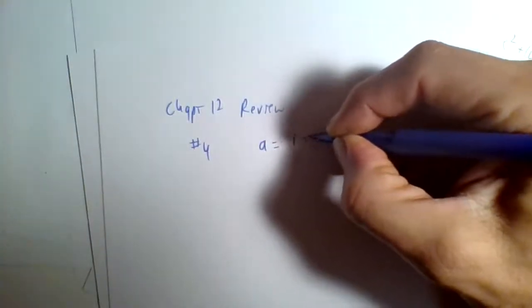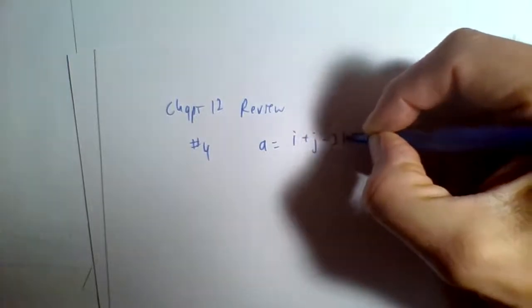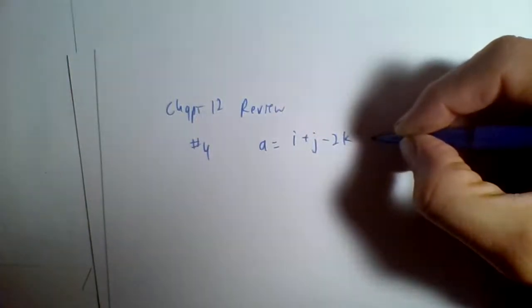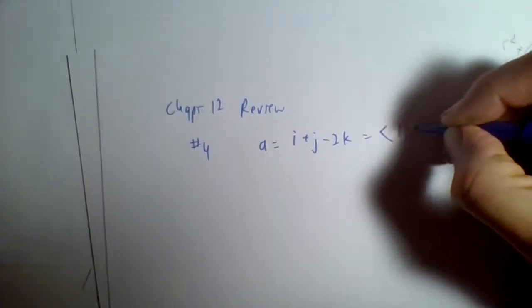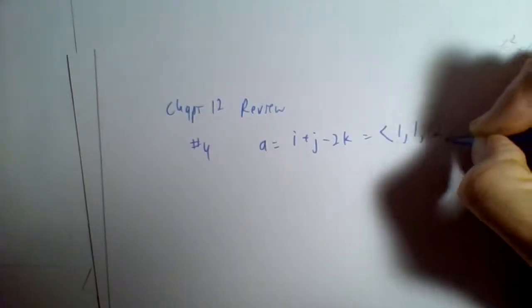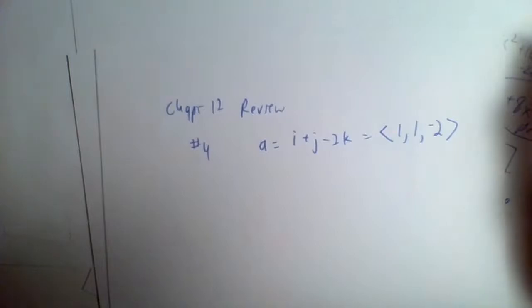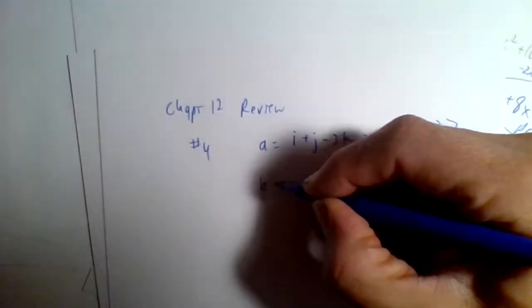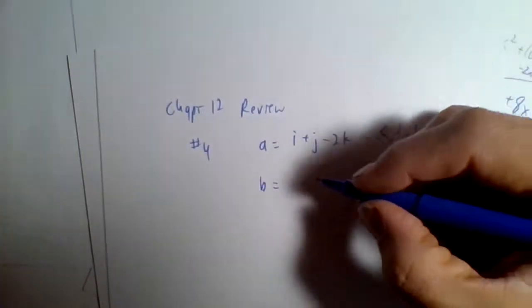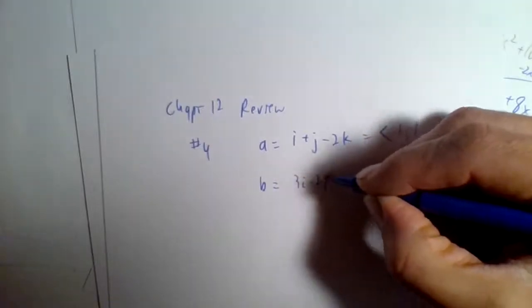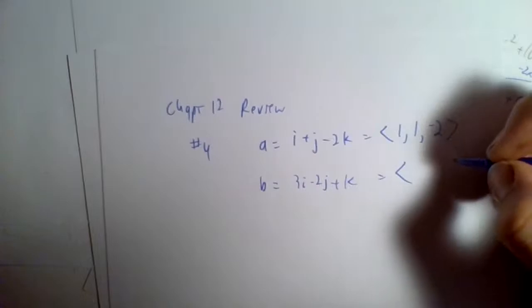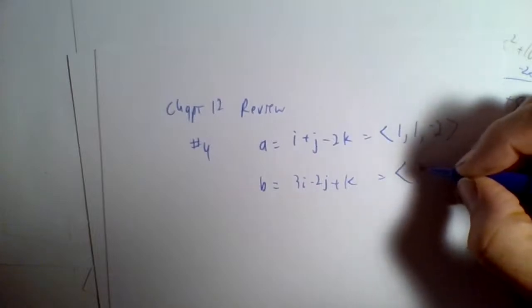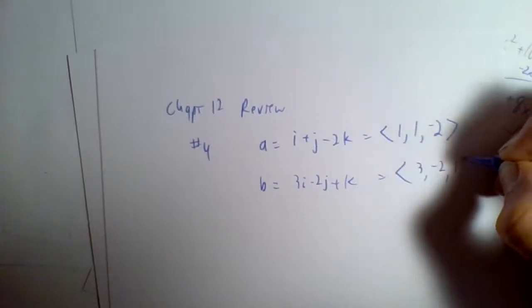A is i plus j minus 2k, or 1, 1, -2 in component form. B is 3i minus 2j plus k. I'm more comfortable with vectors written this way instead of having all the letters going around, so I'm writing them out.